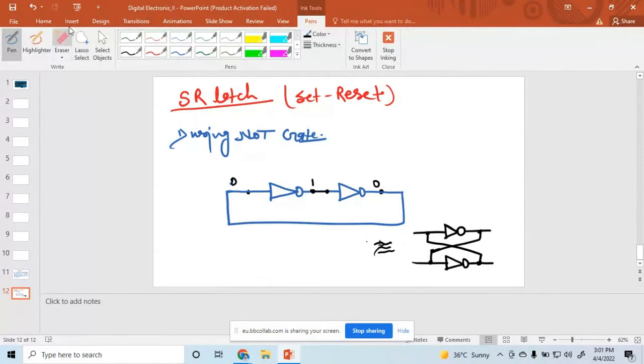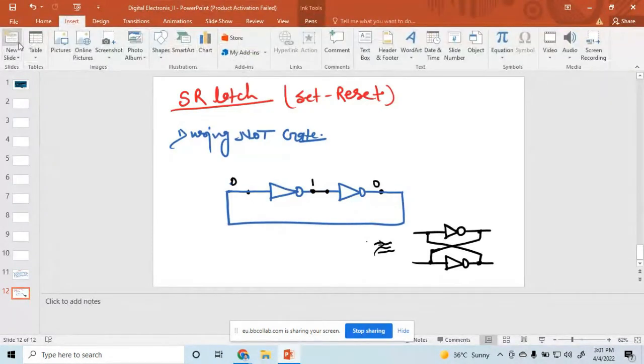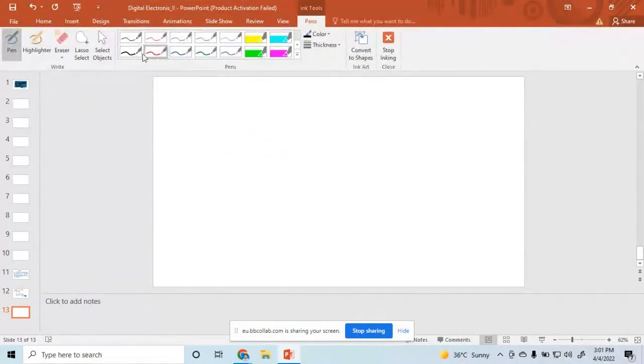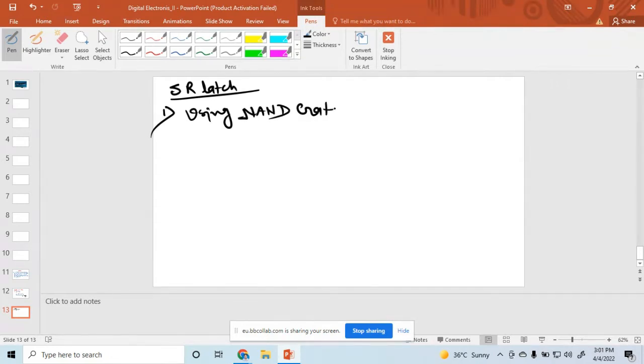Now suppose we want to design the SR latch, the set reset latch, using NAND gates.